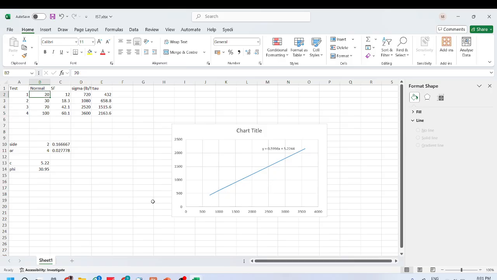So first we'll apply 20 pound per feet square, and then we will start shearing and we calculate the shear force. And then we do this again 3, 4 times so that we get more values which we can convert to a straight line.